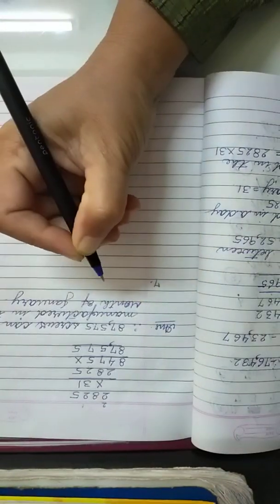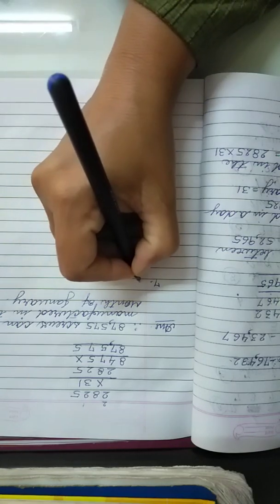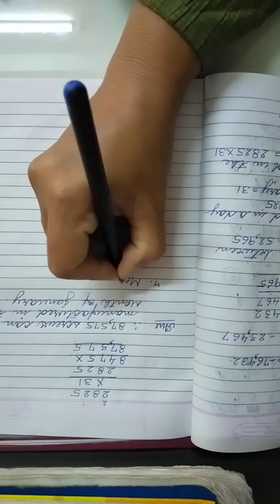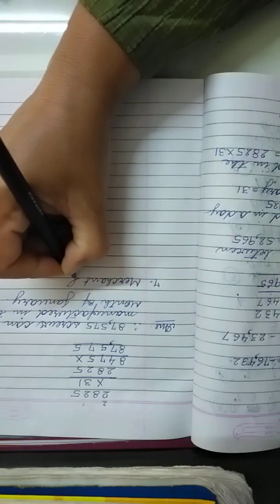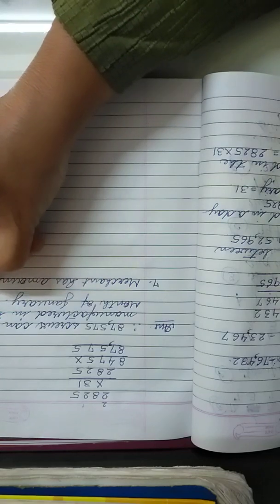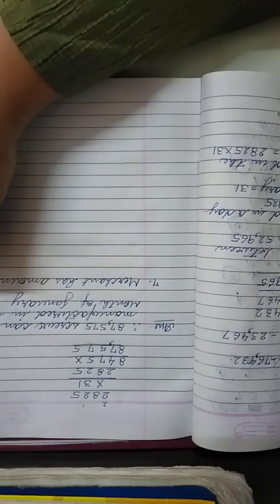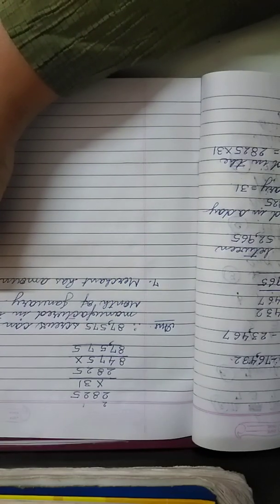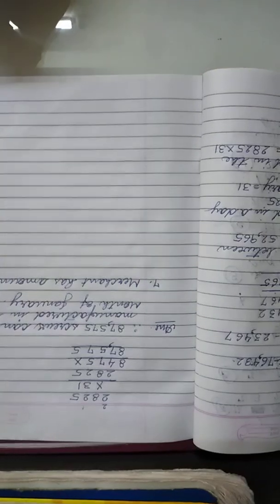Question number 7. How much amount does the merchant have? Merchant has amount is equal to rupees 78,592.